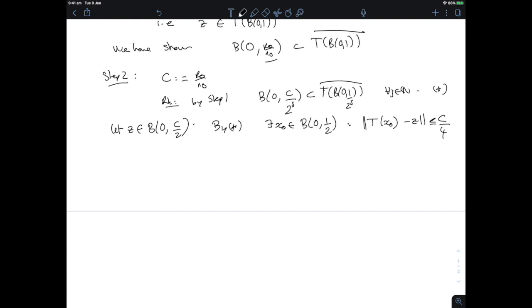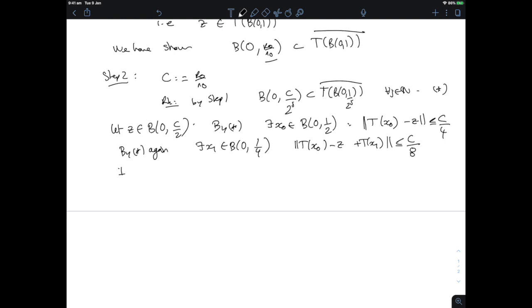But now T of x0 minus z is in B(0, c/4). So by star again, what do I get? I get that there exists an x1 in B(0, 1/4), such that T of x0 minus z plus T of x1 is smaller than c over 8.